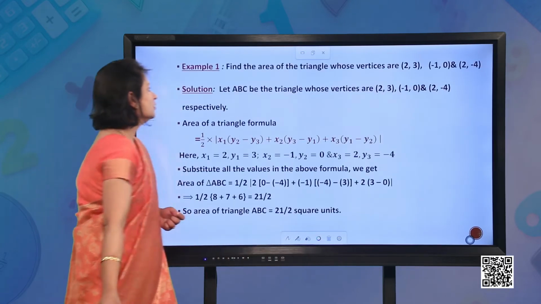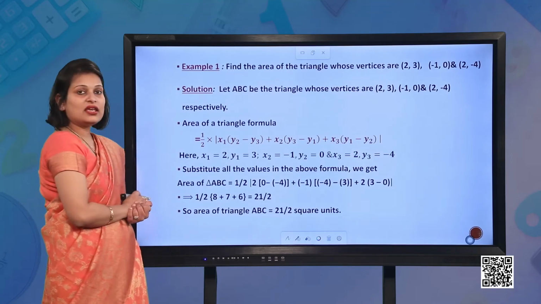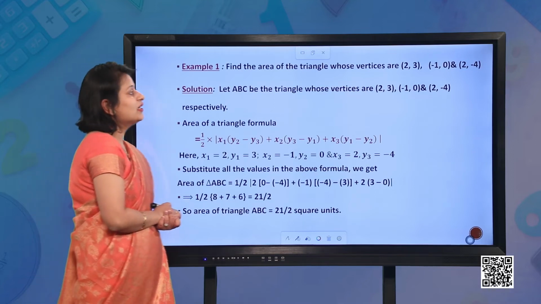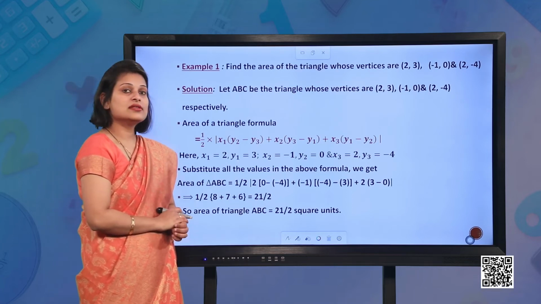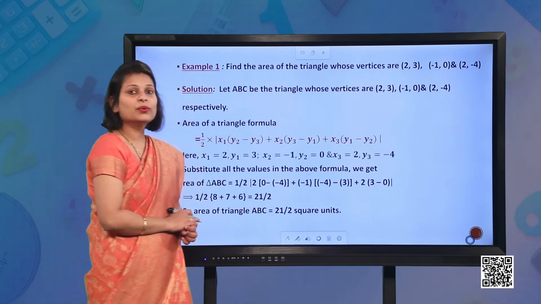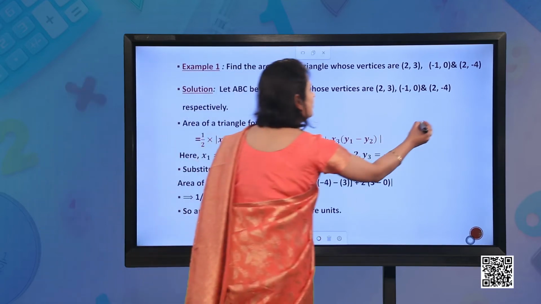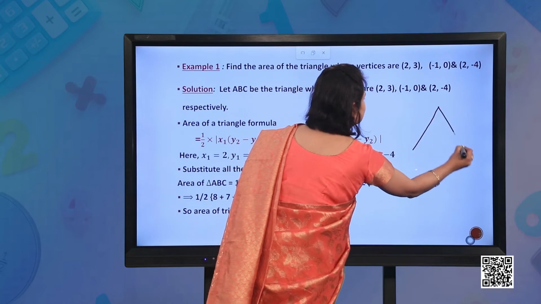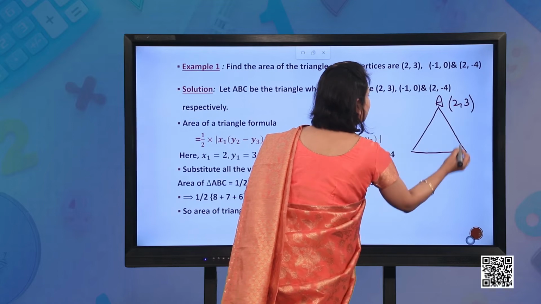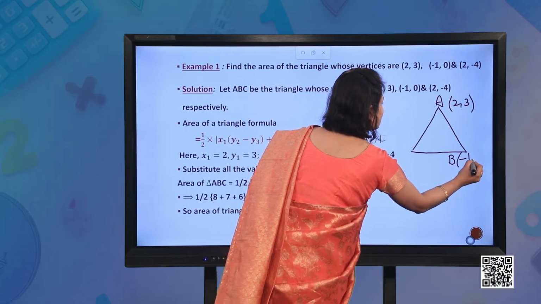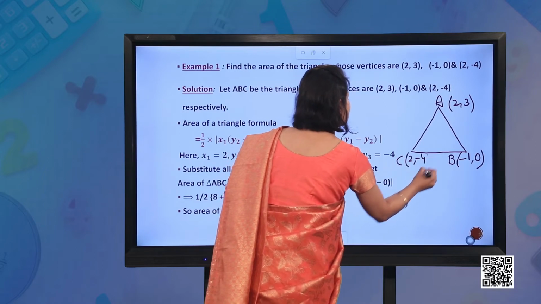So, let us discuss some examples. Example 1. Find the area of the triangle whose vertices are (2, 3), (minus 1, 0) and (2, minus 4). So, we consider a triangle ABC with A as (2, 3), B as (minus 1, 0) and C as (2, minus 4).